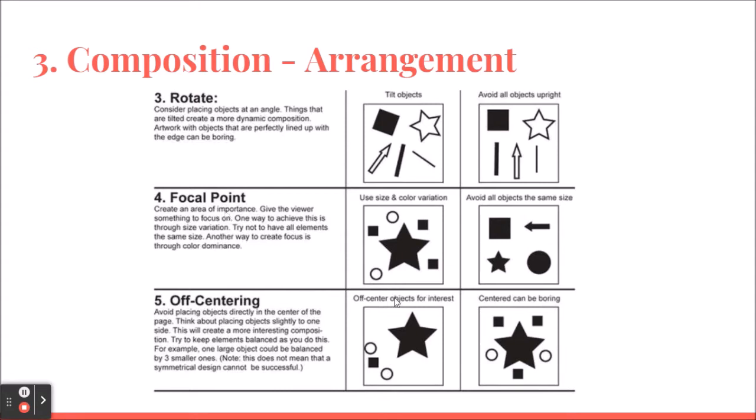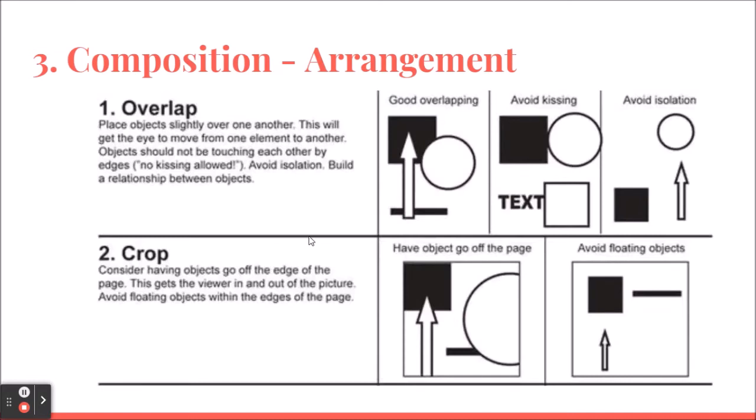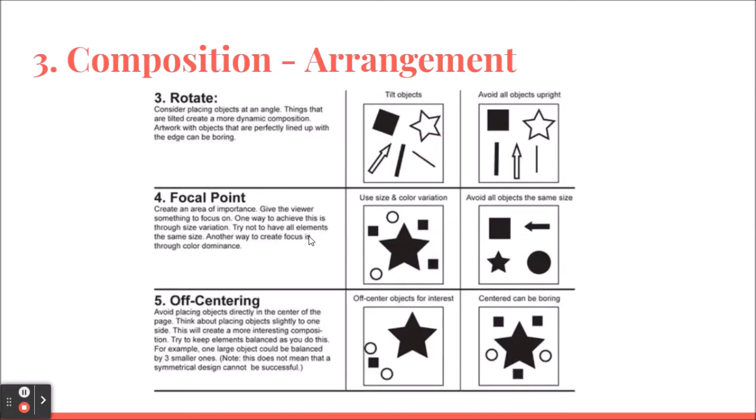You can have a focal point, something that is bigger or brighter that makes your eyes go to it. You can also think about symmetry. Can something be off-centered? It's not always boring for things to be centered, but if you off-center something, does it make it more interesting? You can decide how you can use these composition ideas in your artwork.